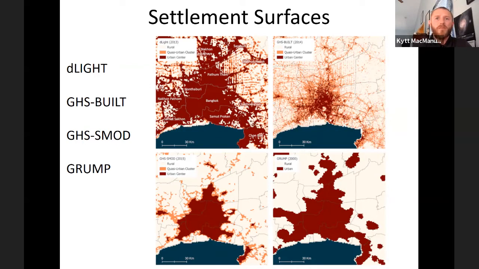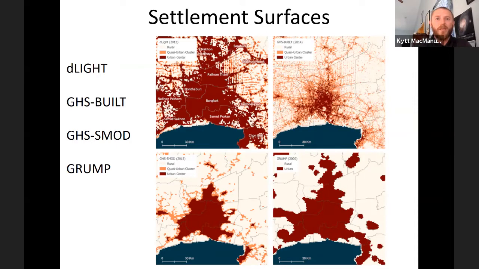The Global Human Settlement Model, or GHS SMOD, is a value-added product from the JRC, where they've taken into account densities of population as well as built-up areas in order to create a thematic layer that classifies areas as urban, semi-urban, or rural.